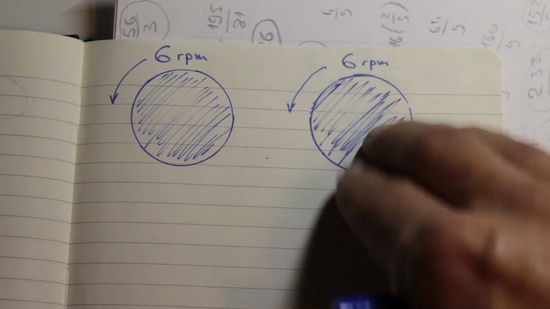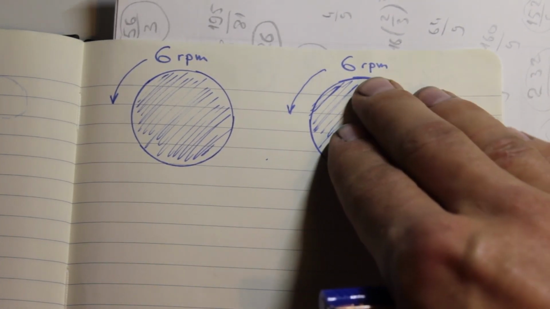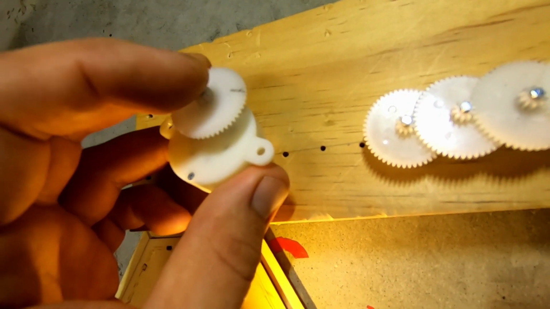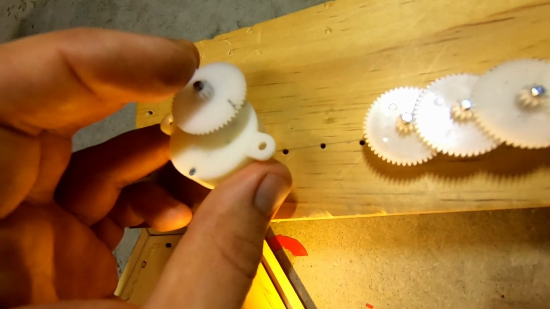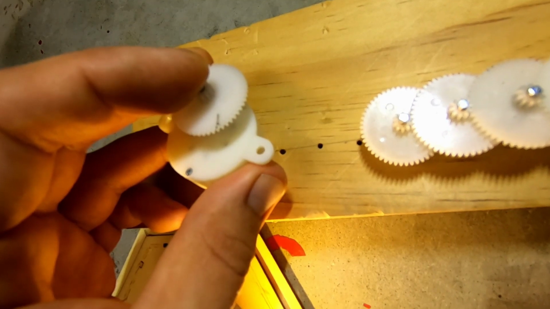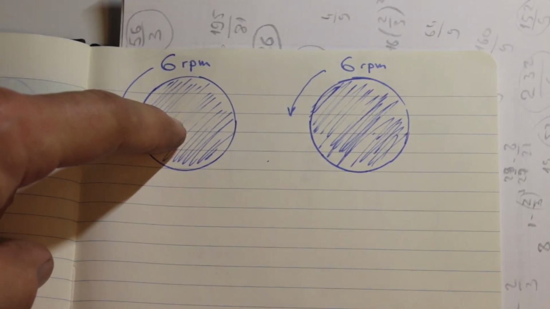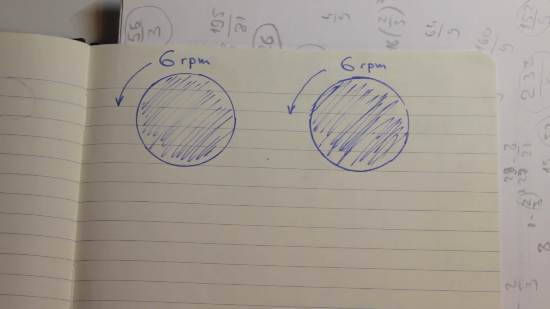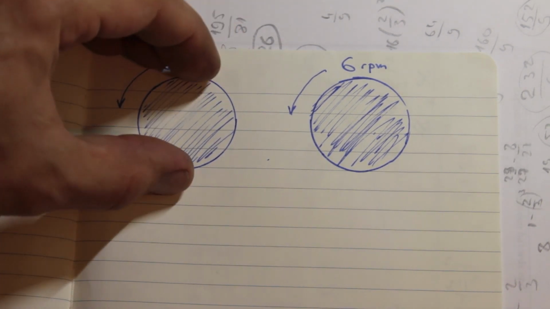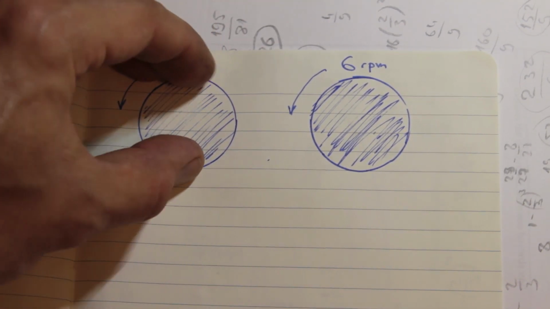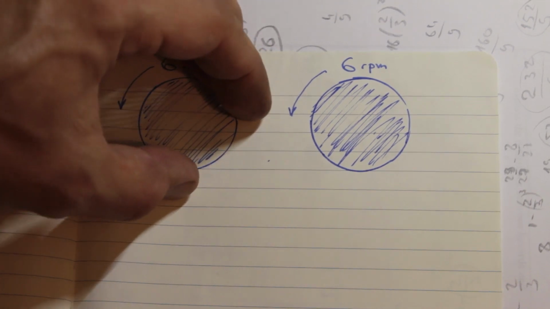But if I place my hand on this one here, I will easily stop it. Same way I stop this small DC motor here. However, if I try to stop this one here, it will still keep spinning, like nothing happened to it. It doesn't matter how hard I'm trying to stop it, it's just going to twist my hand, so I have to let it go.